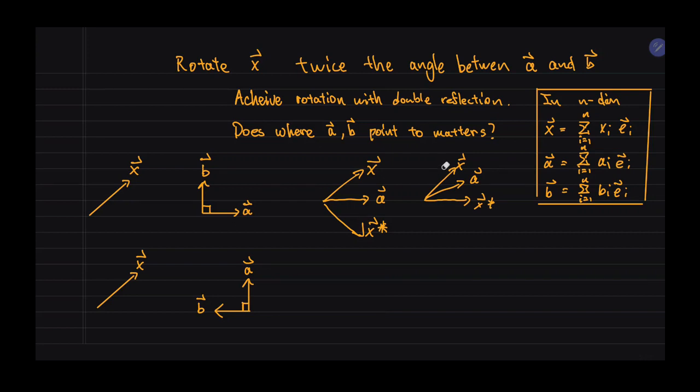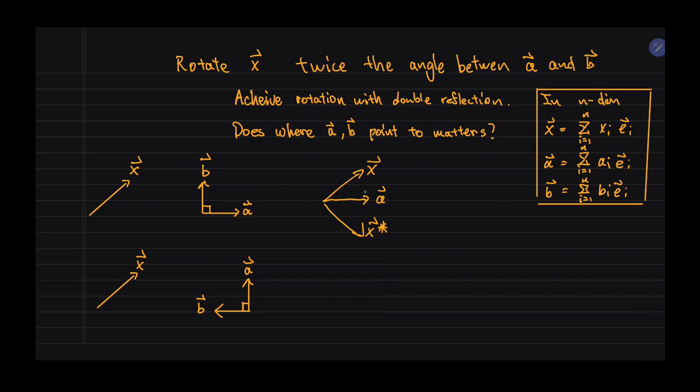So intuitively, it doesn't sound right that we can use a double reflection, because we want to rotate a vector by an angle, and where a and b point to should not matter, only the angle between them matters. But a single reflection shows that where a points to matters.